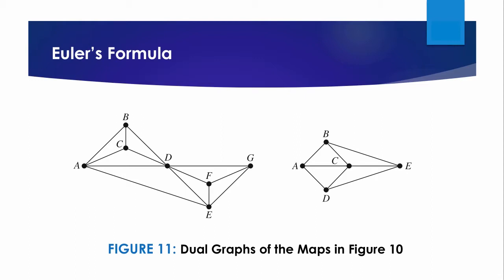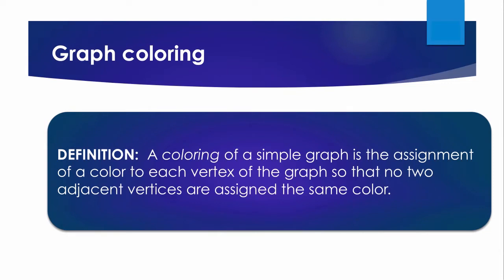The problem of coloring the regions of a map is equivalent to the problem of coloring the vertices of the dual graph so that no two adjacent vertices in this graph have the same color. We now define a graph coloring. A coloring of a simple graph is the assignment of a color to each vertex of the graph so that no two adjacent vertices are assigned the same color.